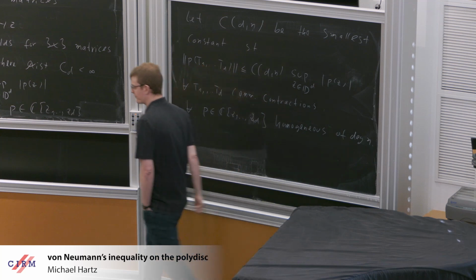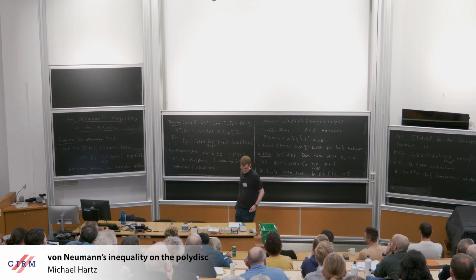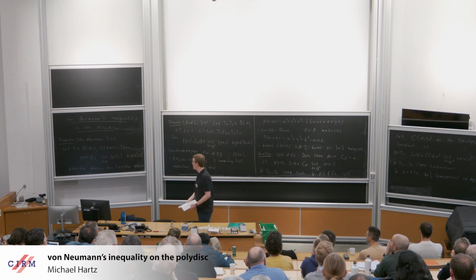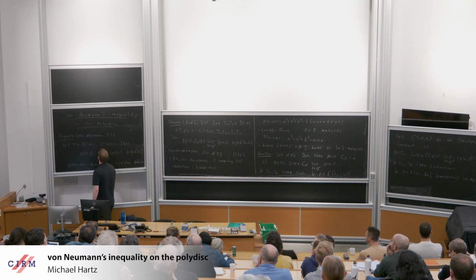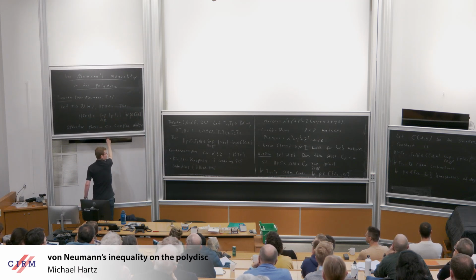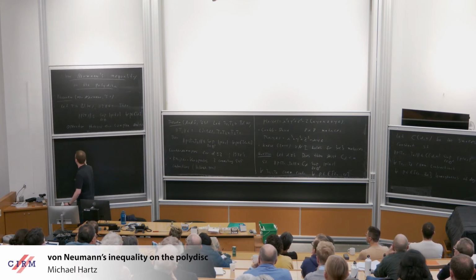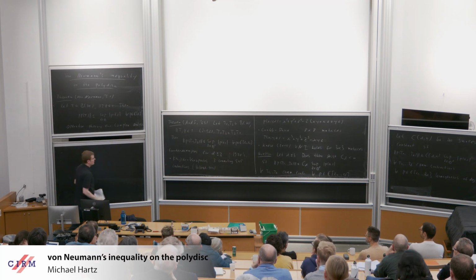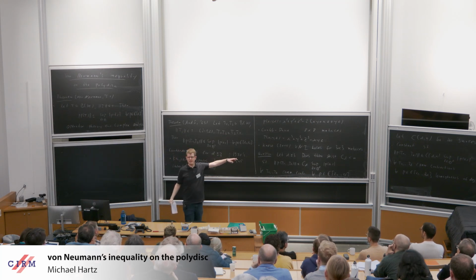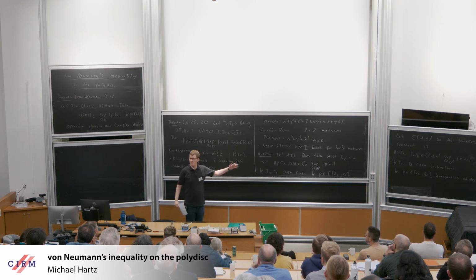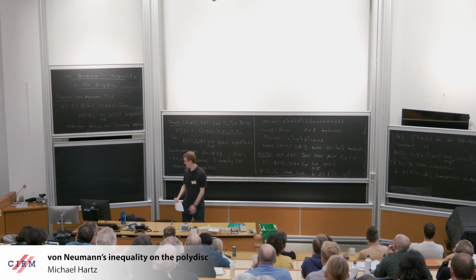Okay. So let me tell you some things that are known about these constants here. The obvious thing is, of course, that this is only interesting if D is at least 3. If D is 1 or D is 2, then all these constants are 1 by von Neumann's inequality and Andô's inequality, respectively.